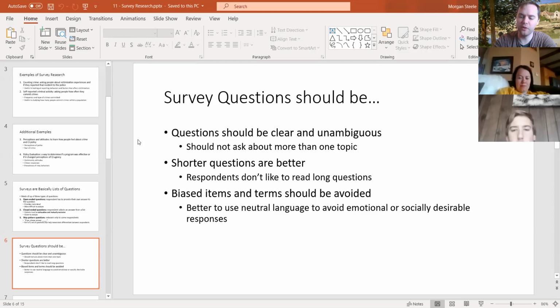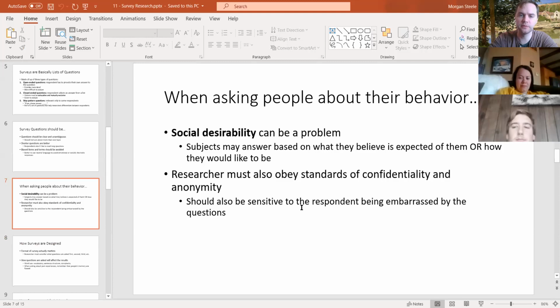So you can't really ask that question and expect an unbiased response. So the goal here is to use neutral language and avoid those emotional or socially desirable responses, because if someone makes an emotional response, you're just capturing that. You're not capturing their true feelings or their true perceptions.